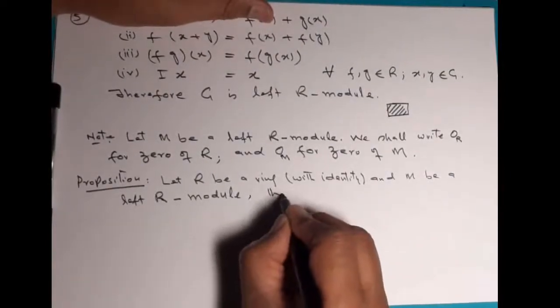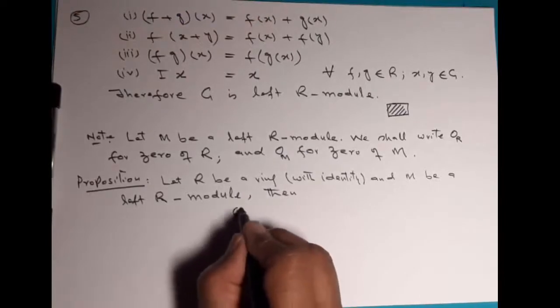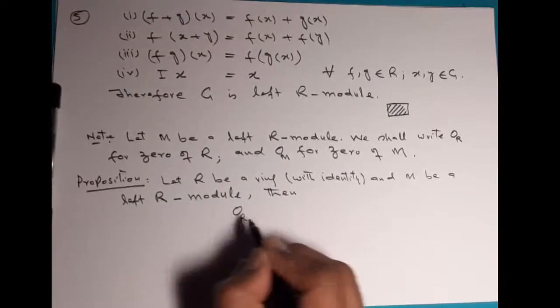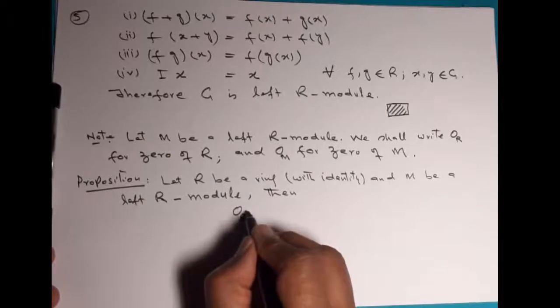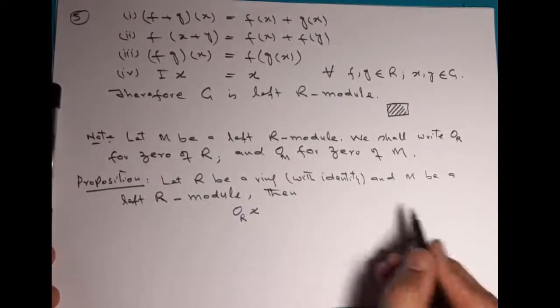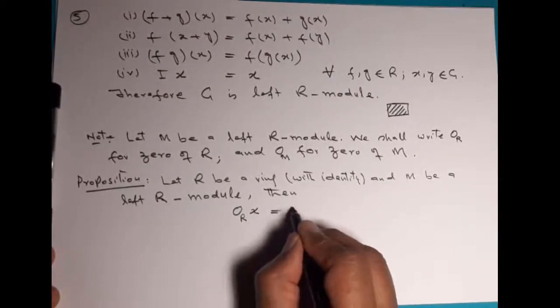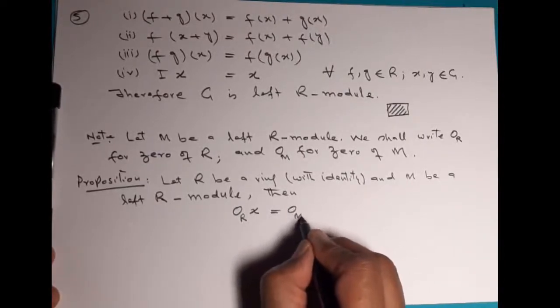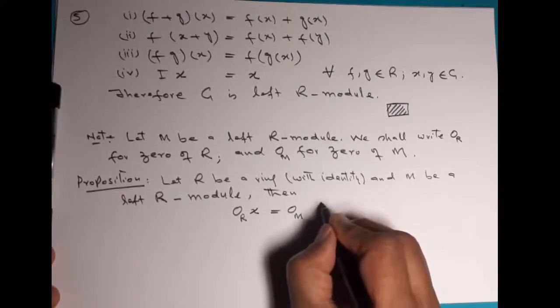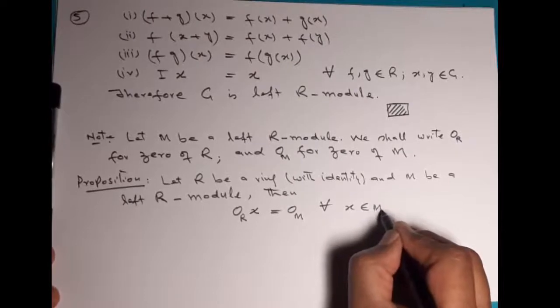Then we have to prove that 0 of ring R multiplied with any element of module M is equal to 0 of module M, and this is for all x belonging to M.